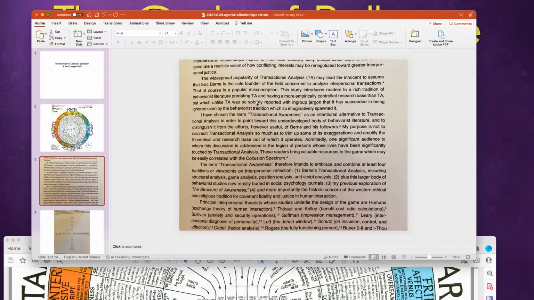This study introduces readers to a rich tradition of behaviorist literature predating transactional analysis and having a more empirically controlled research base than transactional analysis, but which, unlike transactional analysis, was so soberly reported with in-group jargon that it has succeeded in being ignored even by the behaviorist tradition which so imaginatively spawned it.